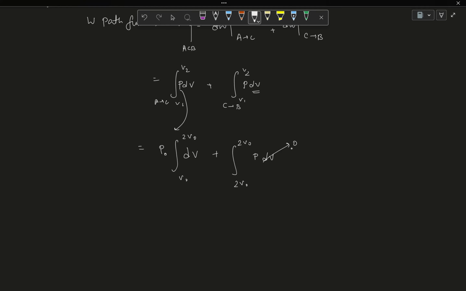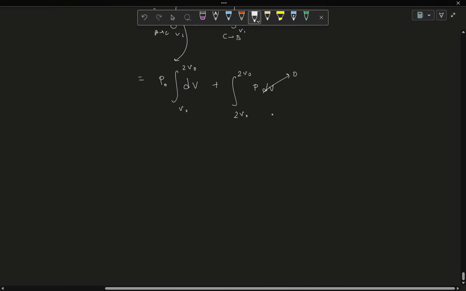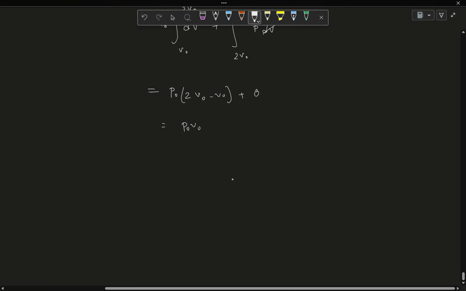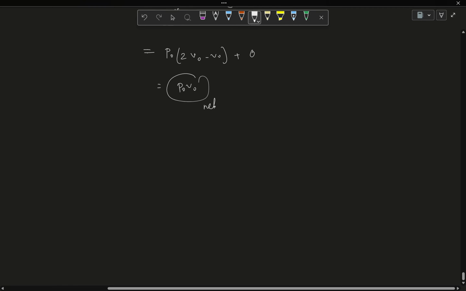So obviously this dV is 0, and the second part of the total work done becomes 0. So on the path A to C, you have a work done of P naught into 2V naught minus V naught, and on the second path C to B, you have a work done of 0. So this is just P naught V naught plus 0 equal to P naught V naught. This is the net W in the path ACB. So one part is done.